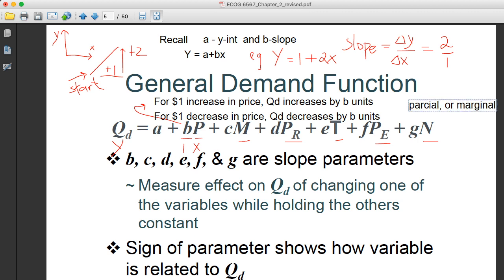You could call it the partial, oh, I wrote it in Spanish. It's the partial effect or marginal effect is the slope effect. So people in the class who are engineers and good at math, this is maybe boring for you, but other people, this is it. This is what we're going to spend a lot of time on, margins.